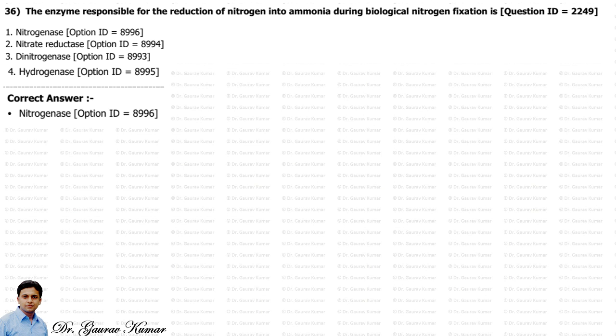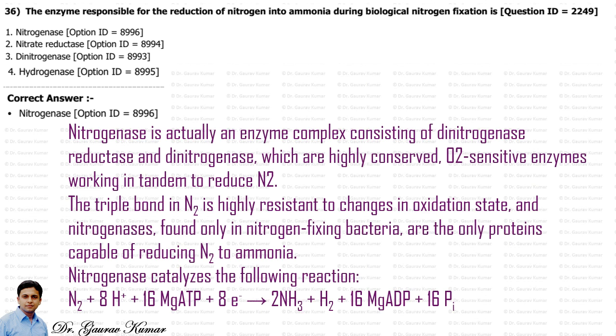Next question. The enzyme responsible for the reduction of nitrogen into ammonia during biological nitrogen fixation is. Now this is a confusing question because they have given nitrogenase, the complex, nitrate reductase, and dinitrogenase also. The best option is nitrogenase, because nitrogenase is actually an enzyme complex consisting of dinitrogenase reductase and dinitrogenase, which are highly conserved, O2-sensitive enzymes working in tandem to reduce N2.